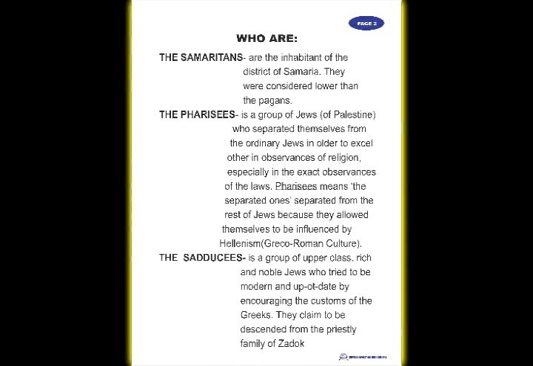As we go into detail, I will explain a little bit about who the Samaritans are. The Samaritans are the inhabitants of the district of Samaria. They were considered lower than the pagans. Then the Pharisees were a group of Jews, Palestinians, who separated themselves from the ordinary Jews in order to excel others in the observance of religion, especially the exact observance of the law.